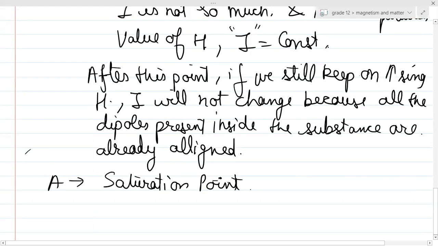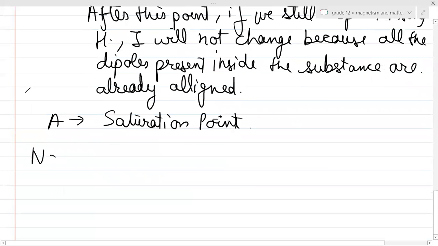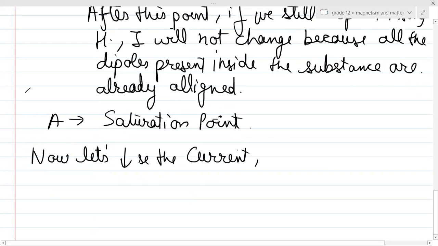Now let's try to do one thing. Now let's decrease the current, keeping the direction same.